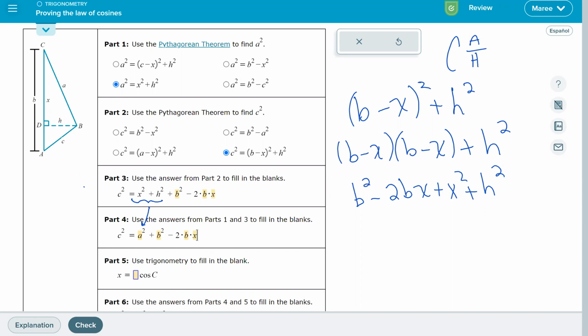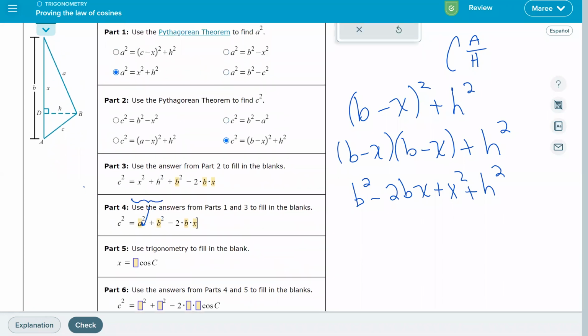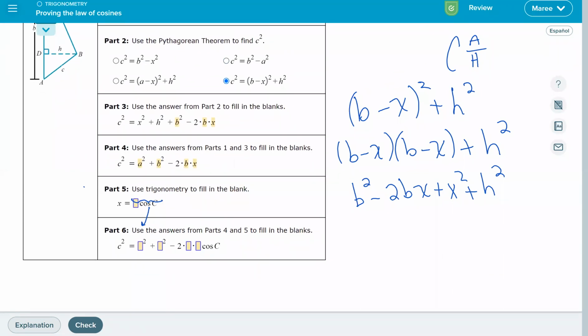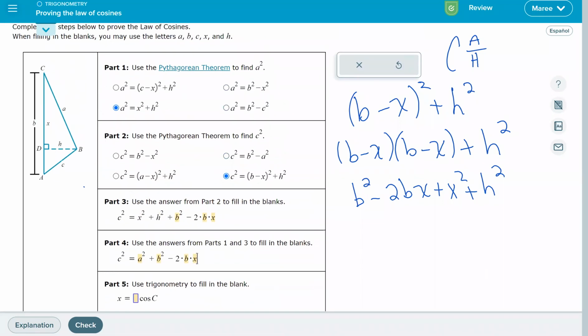Now we want to use trig to fill in the blank. So cosine of c. Let's look up here where c is. Capital C, we want the cosine, which is adjacent over hypotenuse. We want x over a.